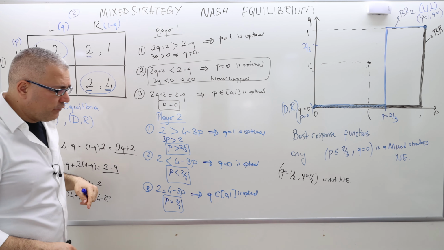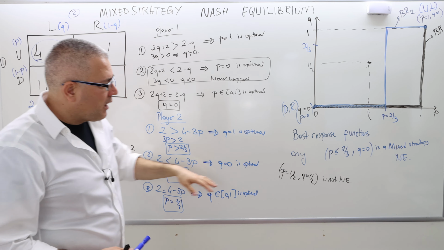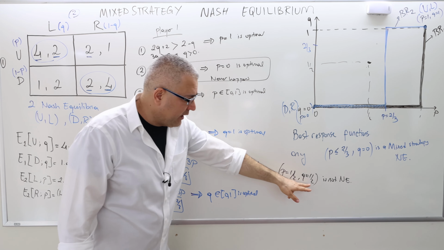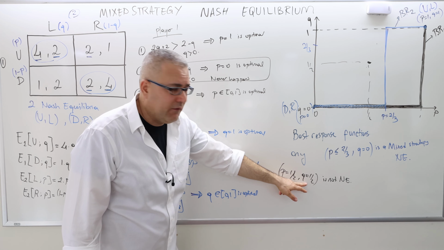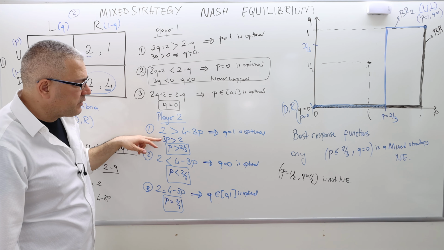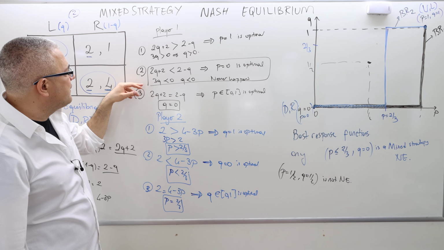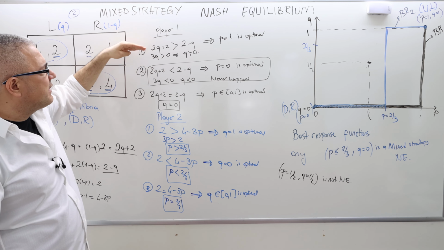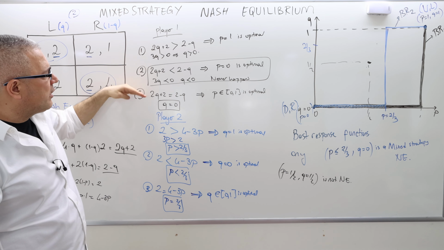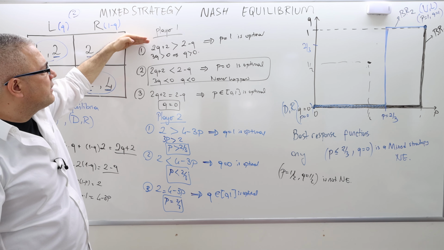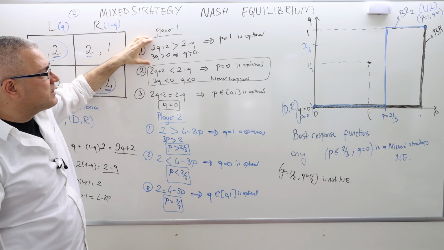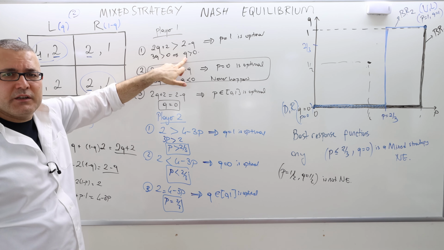And then the second way of showing it is the following. If player 2 happens to play 1/2, so if Q is 1/2, in which category do we fall? Well, we fall into this category, right? So Q is 1/2 means Q is greater than 0.